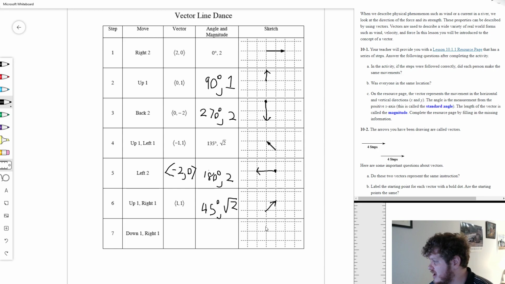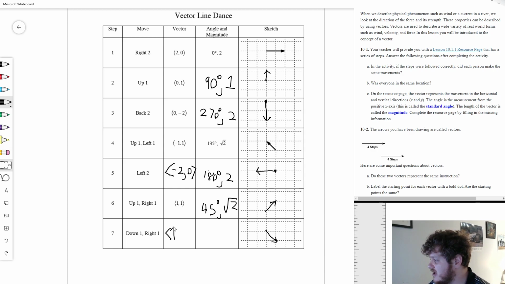Now we're going to go down 1, right 1. So if we go down, right, put it here, here, and then bam. And so when we do that, down 1, right 1. So first thing we do is the right, because our left coordinate is always our x coordinate, or change in x.